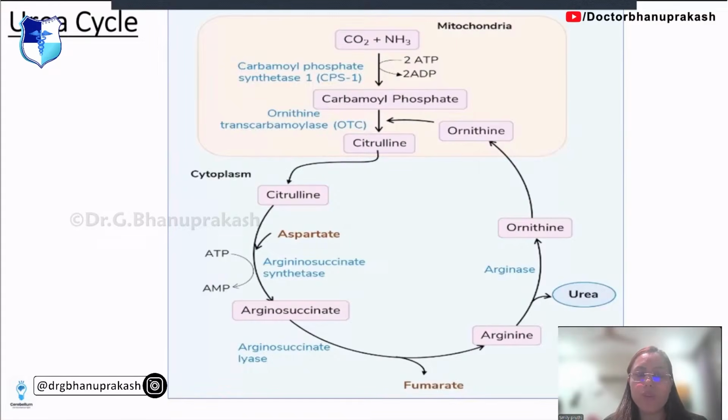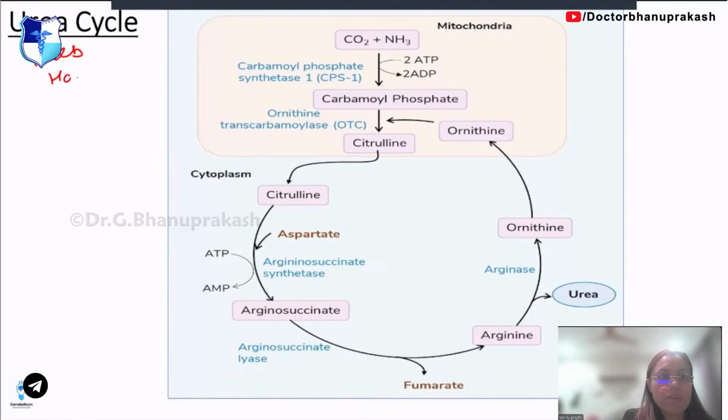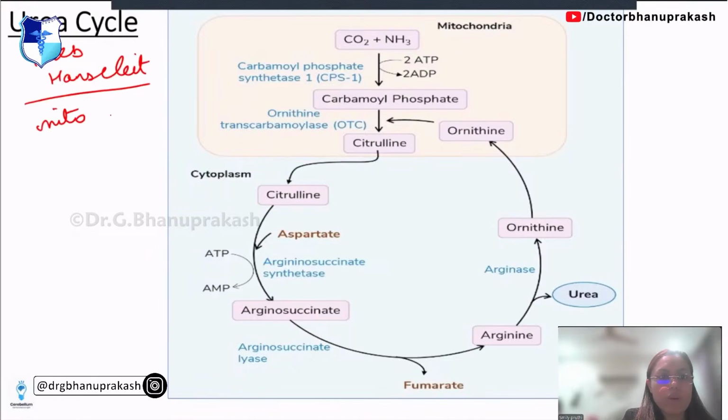So the urea cycle is also known as the Krebs-Henseleit cycle. Krebs cycle is the TCA cycle, urea is Krebs-Henseleit. This occurs in both mitochondria and cytoplasm. It starts in the mitochondria.